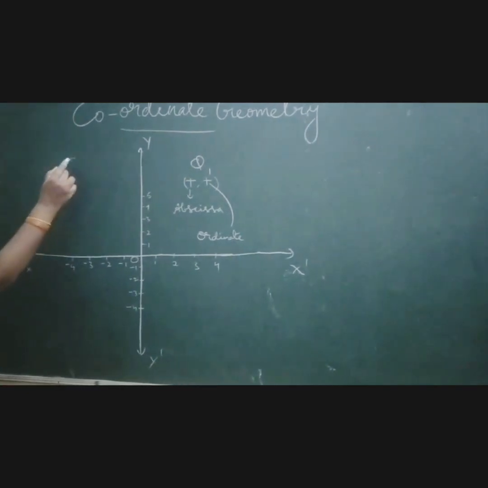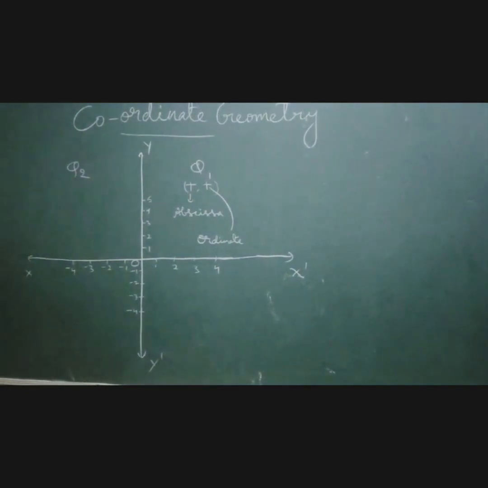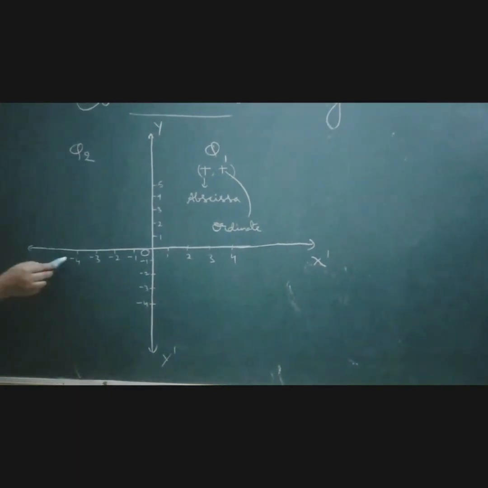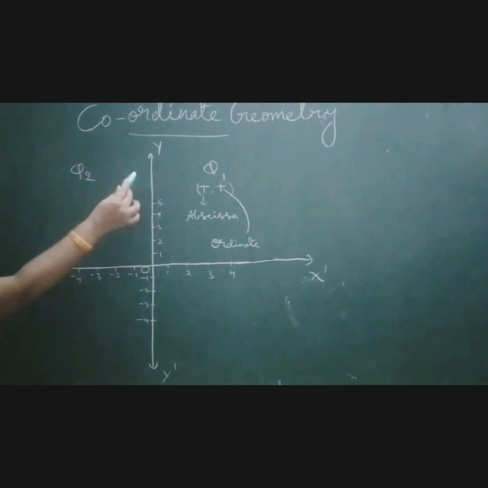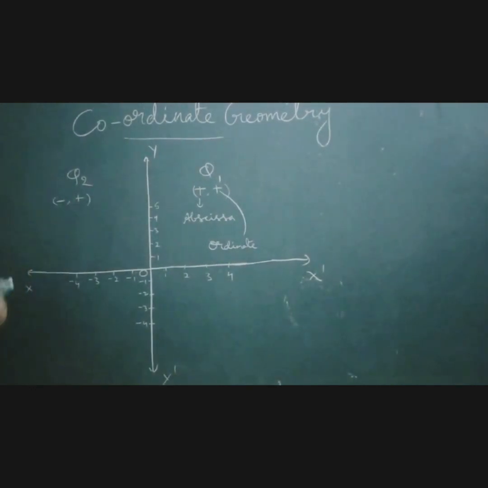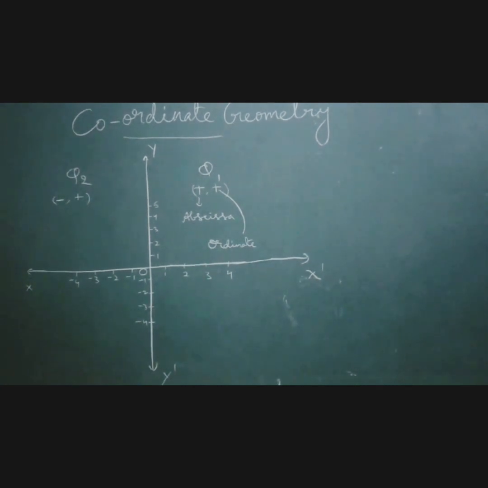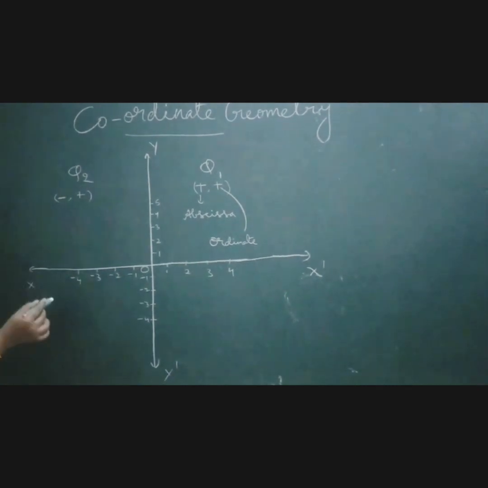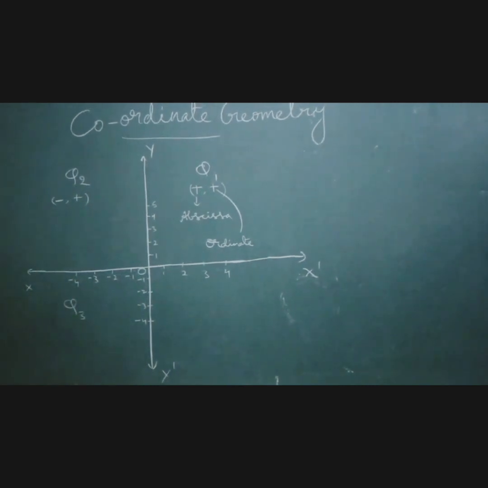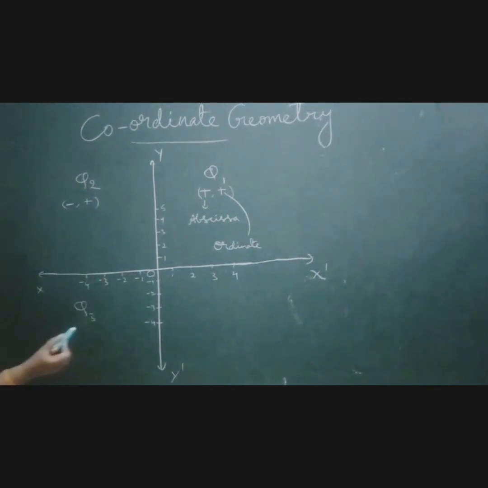When we come to the second quadrant, we have negative to the left side of origin and positive above. So the point will be of the form minus plus. When we come to the third quadrant, to the left side of origin we have negative and below also negative.